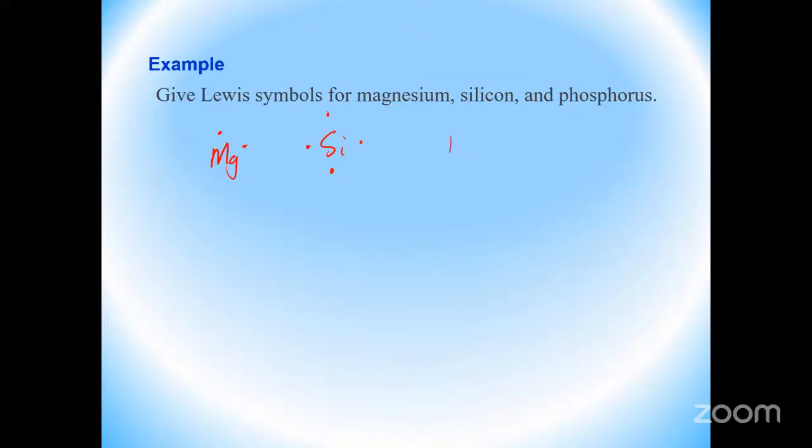And then phosphorus, which is in group 5, is that. So that's basically how you draw the Lewis symbols for elements. Later on, we're going to learn about drawing the Lewis structures for molecules and polyatomic ions. That's slightly more complicated than what we just did here, but that's for later on. Okay, so that's Lewis symbols.